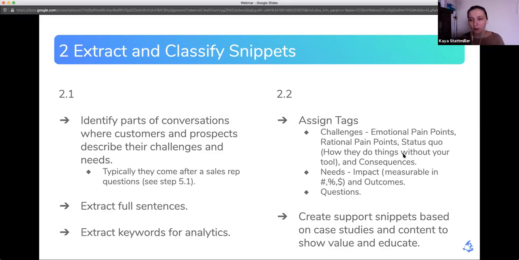To give you an example, if we take a CRM, the status quo could be: I'm doing everything in a spreadsheet.